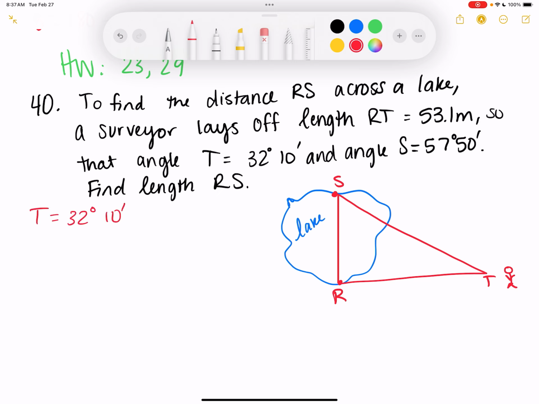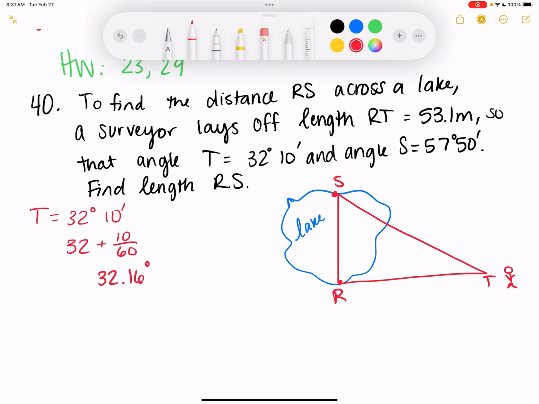It'd be 32 and then 10 divided by 60, which would be 1/6. Well, I guess it would round to 0.17.